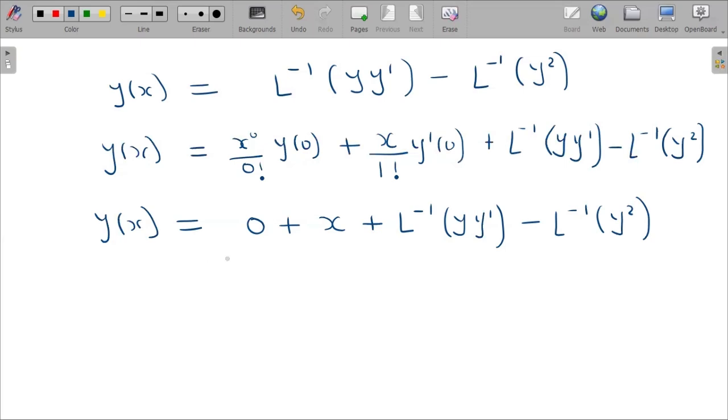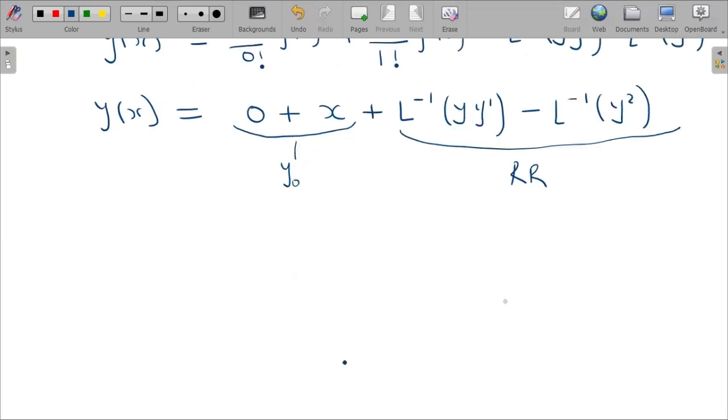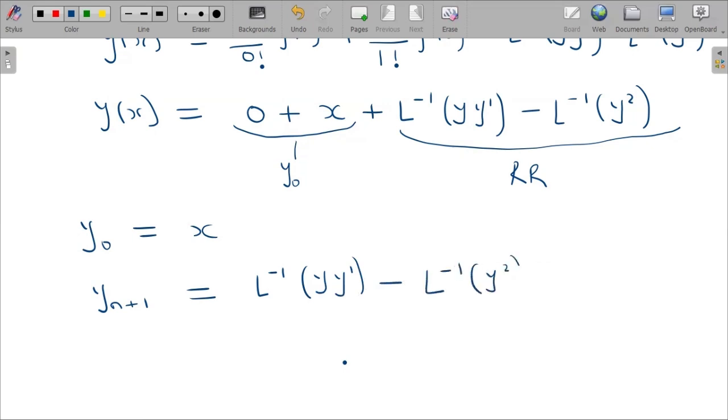By the Adomian decomposition method, the initial conditions and the source term are written as the 0th term, while the others are written as the recursive relation. As a result, our y naught, the 0th term, is x, and the remaining terms are written simply as L inverse y prime minus L inverse y squared.